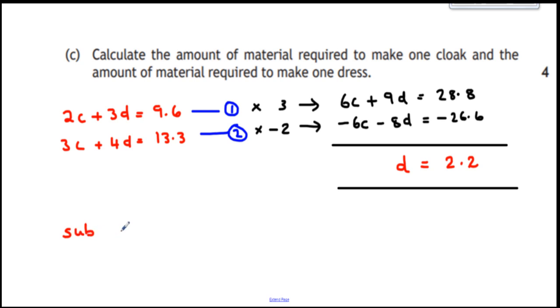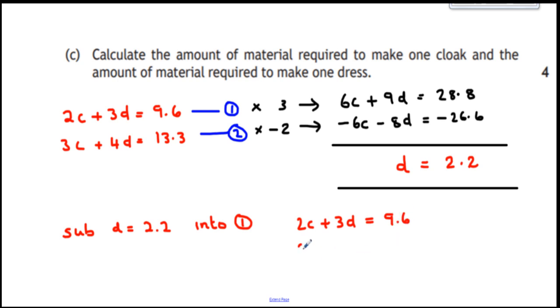I now substitute D equal to 2.2 into one of the equations. Now you always choose one that you've not already multiplied, so you wouldn't choose any of those ones that are written there in black. I'm just going to use equation 1, and that is 2C plus 3D is equal to 9.6.